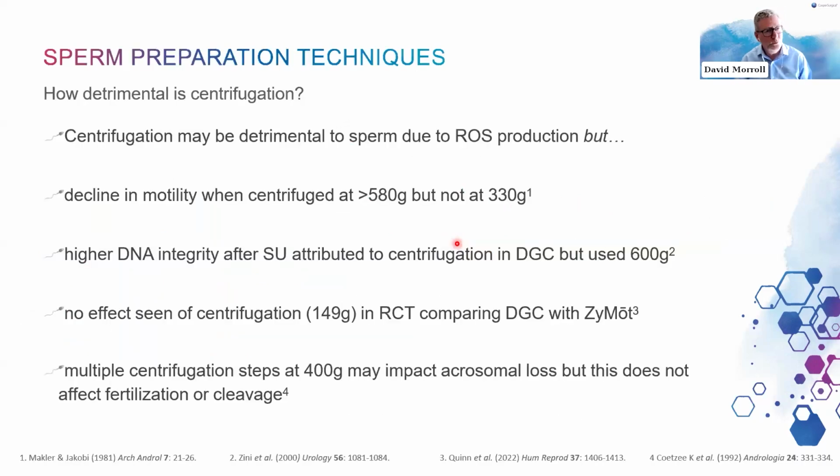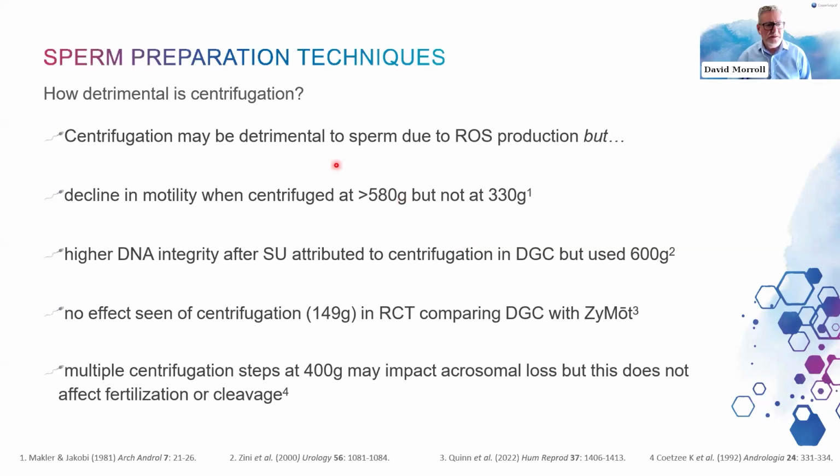Now, we will always hear the story that centrifugation is detrimental to sperm. And it may be. But it's worth going back to the primary literature and working out at what point centrifugation actually becomes a real risk. So how detrimental is it actually?